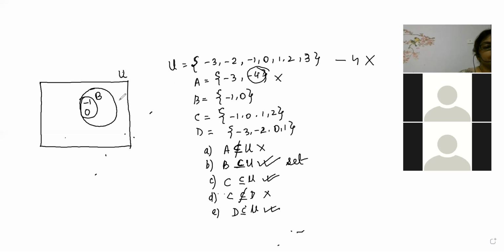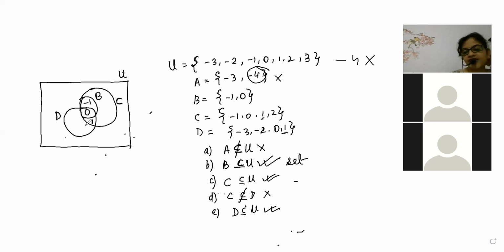So this is the C set. Now D. D is having 0. C and D are sharing 1, so 1 will be in the common region between C and D, and it should not be with B. I will color and show you so that you can understand.